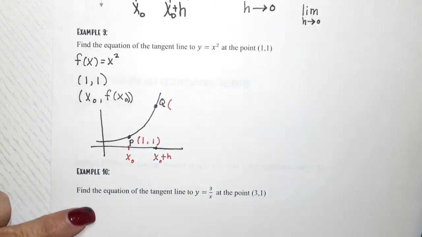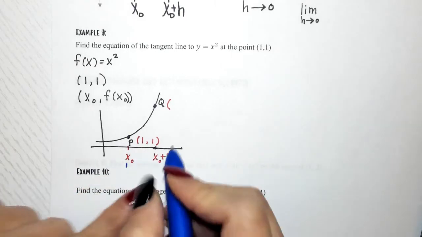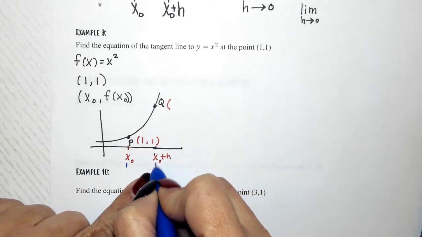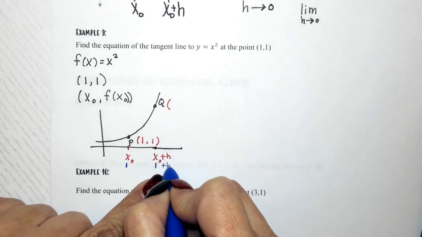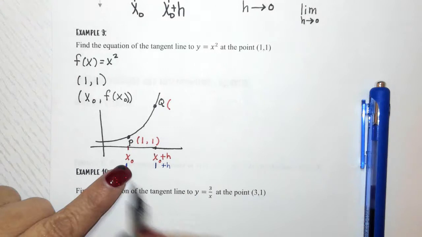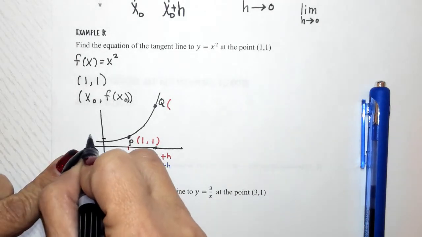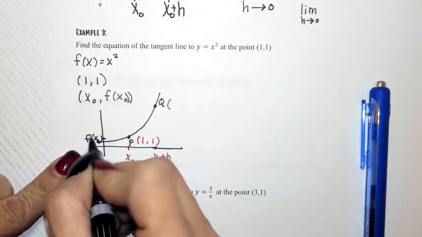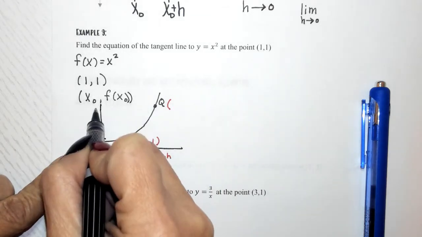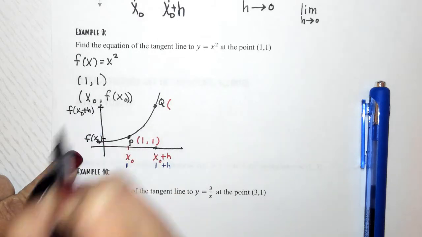In this scenario, x naught is 1, so x naught plus h would be 1 plus a little bit more. So I've got 1 here because this would be my f of x naught. And over here, this would be f of x naught plus h.